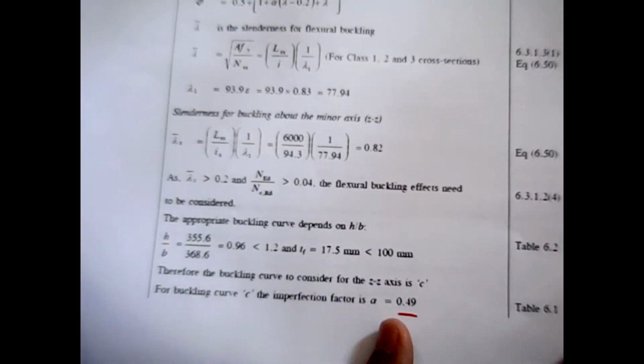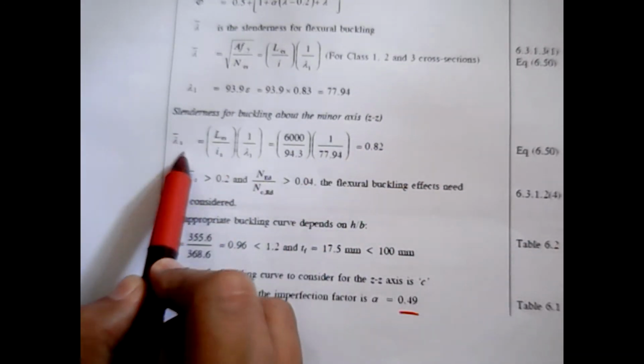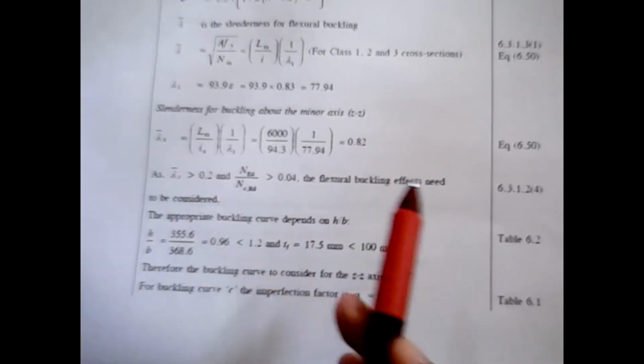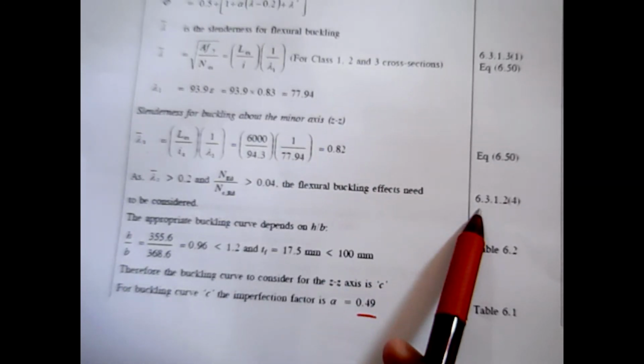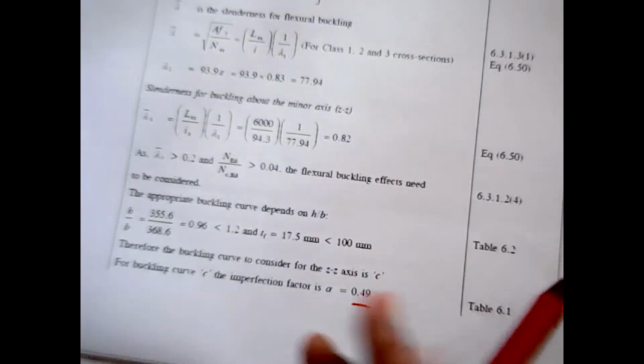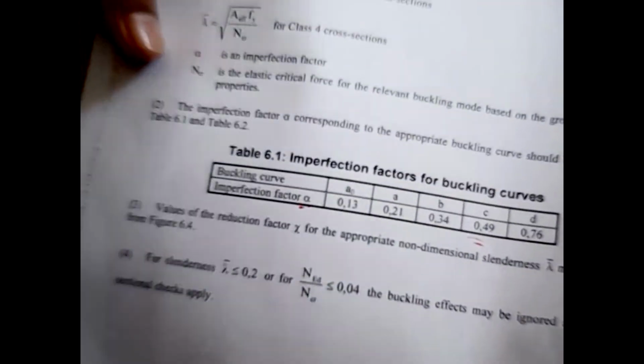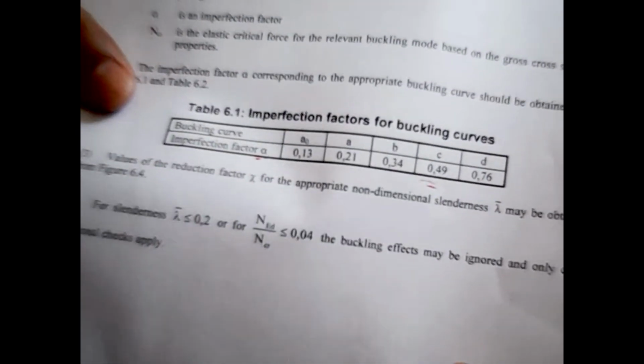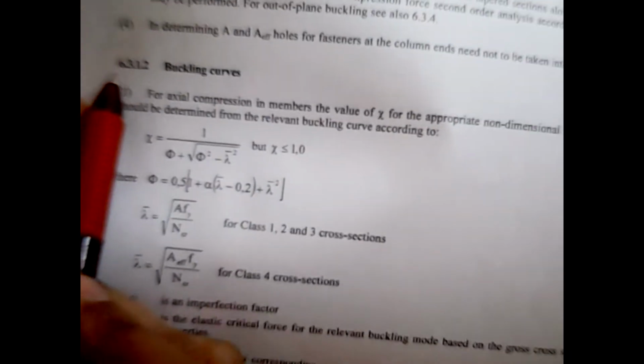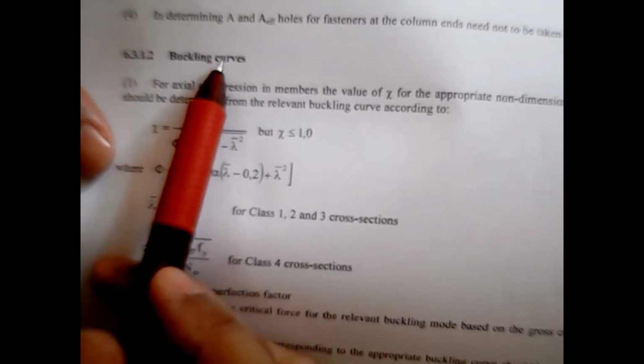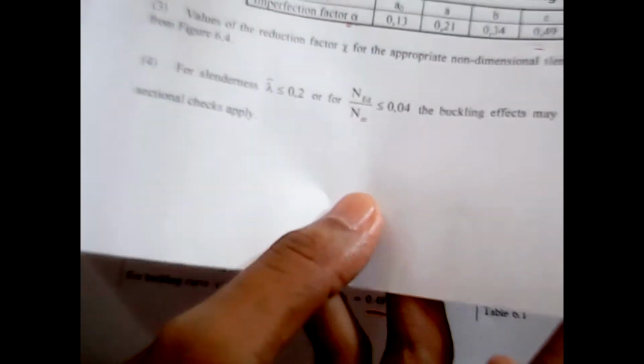Okay, so once you get your lambda Z value, you are required to check according to 6.3.1.2, buckling curve number 4, which is this.